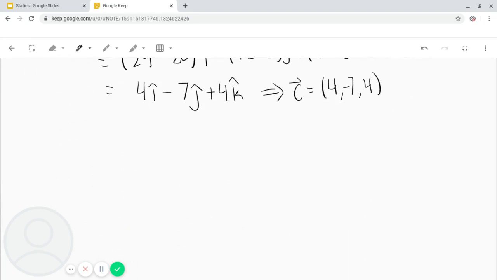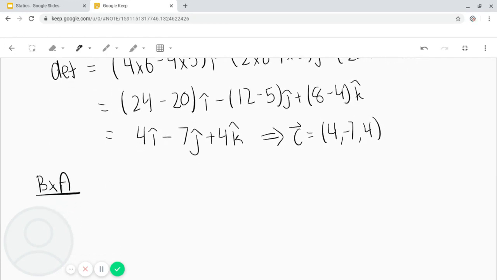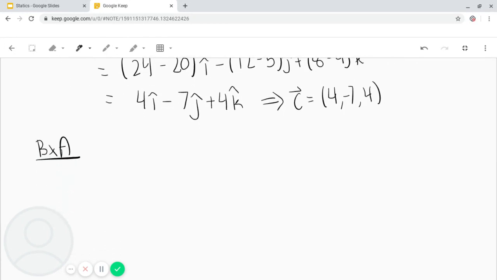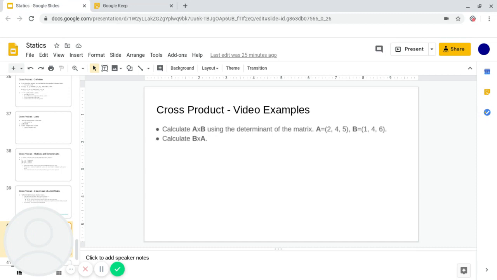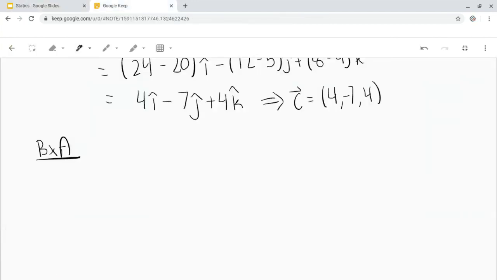Okay, now we want to find B cross A. And we can do that using either the matrix or the formula, but the easiest would be to use the properties, which is this second one here, A cross B is equal to -B cross A. So that follows through that B cross A is equal to -A cross B is equal to -C here.